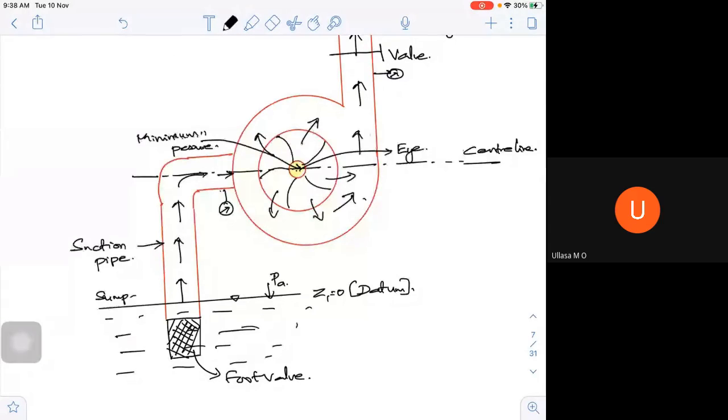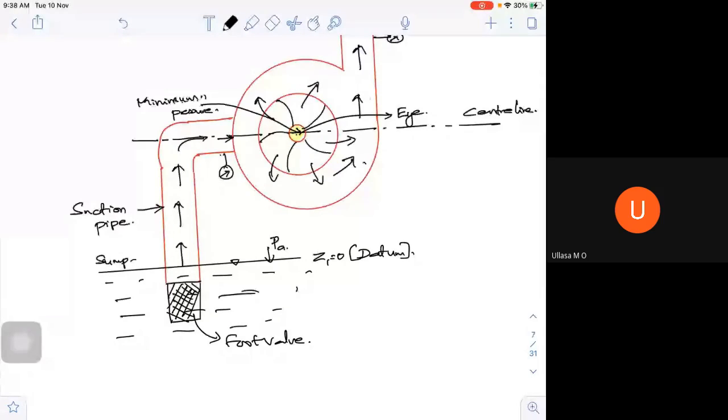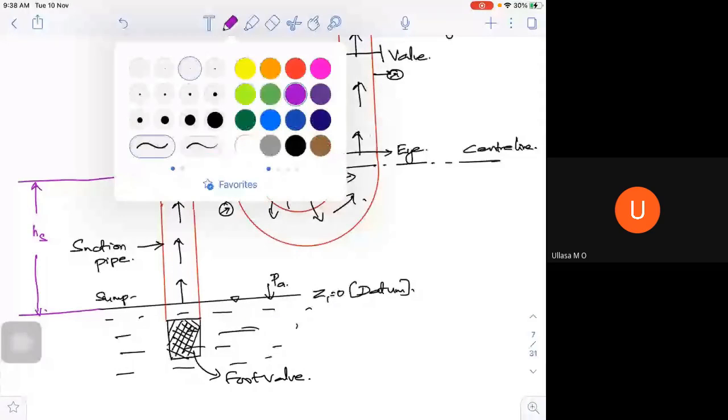Now, what is my suction head actually? If I try to measure from your suction surface to the center line, this is my suction head. Agree? Now, when I try to place this suction head, where should my center line be?